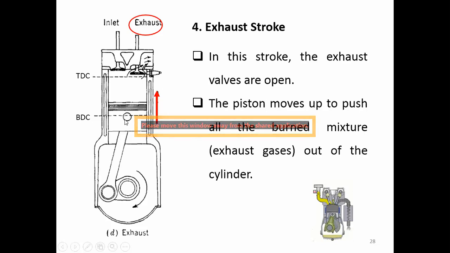The piston keeps moving up and pushes the burnt mixture, or the exhaust gas, out of the cylinder. The cylinder becomes empty again, waiting for the intake valve to open and the air-fuel mixture to refill.